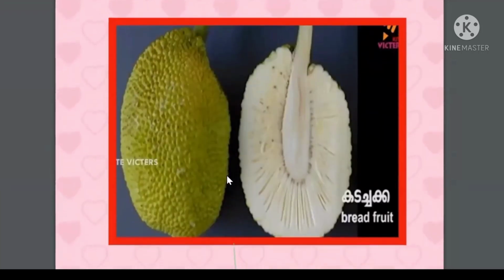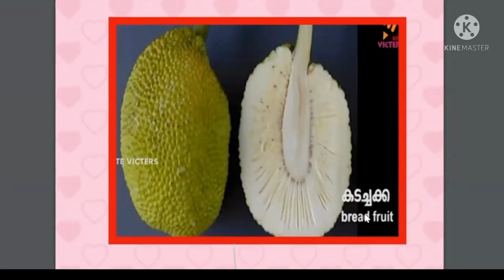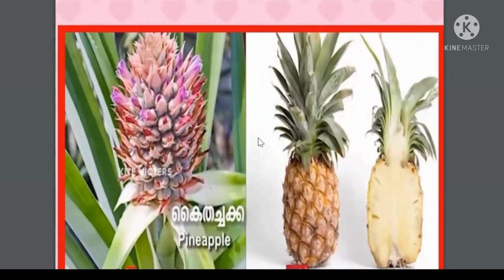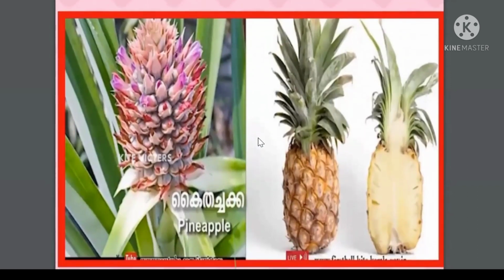See this. What fruit is this? Breadfruit. Full breadfruit here, and its section or cutting is also here. Now come to this fruit.